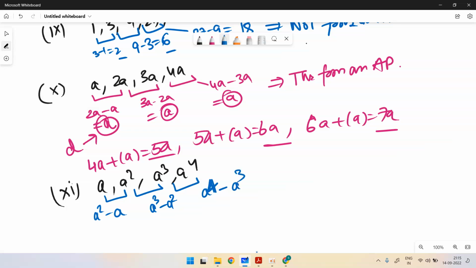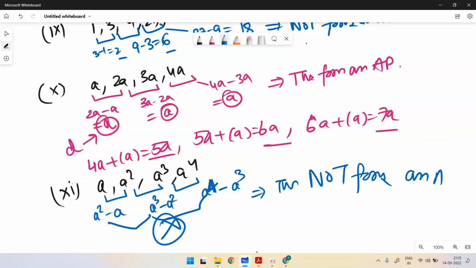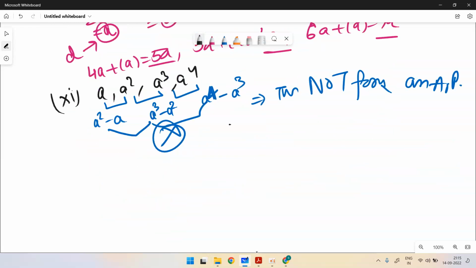The common differences here are not equal, so we can imply that this does not form an arithmetic progression. Now, what is the 12th part?